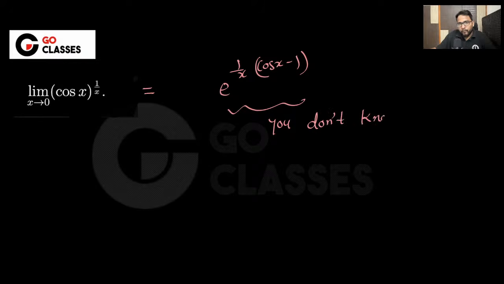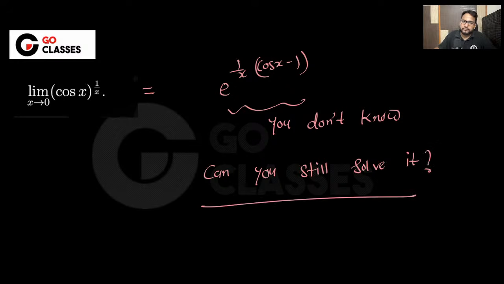You don't know that you can write it something like this. Suppose that you don't know this. Now my question is, can you still solve it? Can you still solve it? What is your answer?